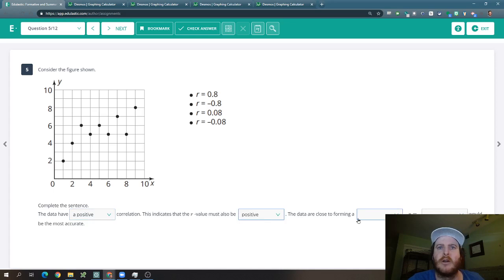I would say the data is closer to forming a line than a curve. And so that means R would be positive 0.8. 0.8 is closer to 1. Since we're closer to forming a line, we want a value that's close to 1. Right? If it was kind of just scattered everywhere, then we would want something closer to 0.